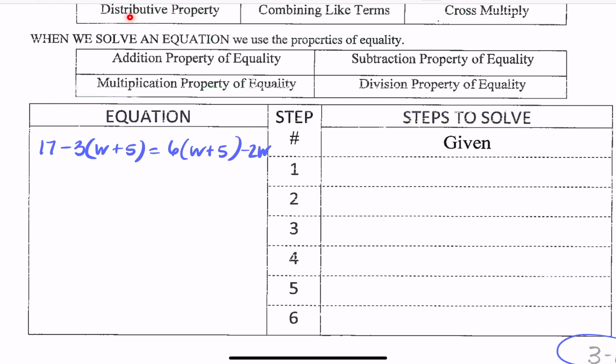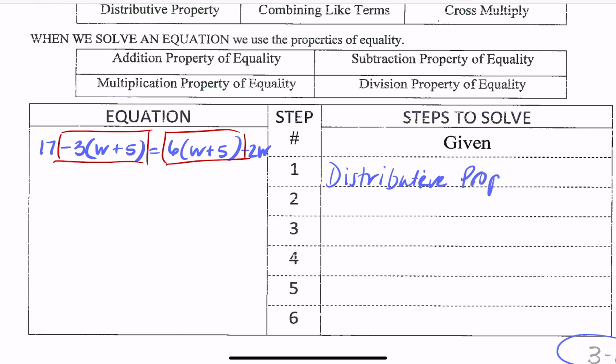I'm looking for those parentheses to see if I need to use the distributive property. I do. I have this set of parentheses I need to simplify on the left and this to simplify on the right. So the first step is the distributive property.